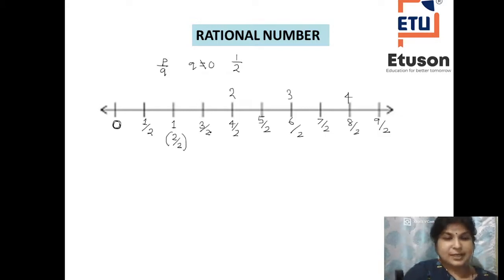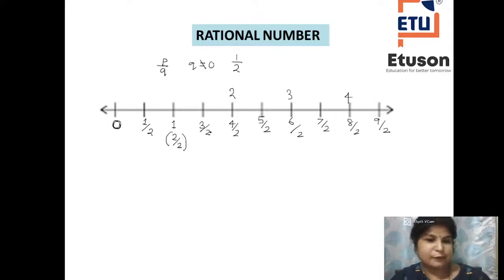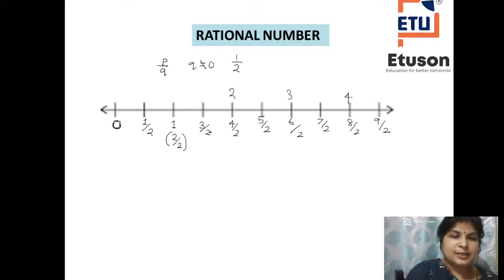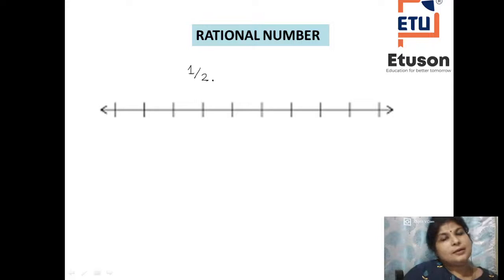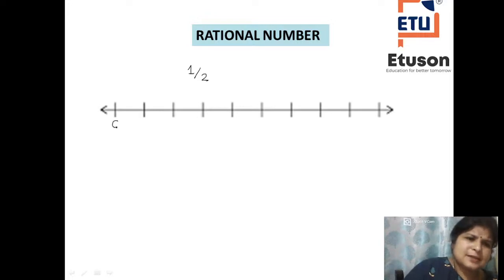I'm just erasing it so that I can use the same number line. Hope it is clear for you now. Now let us take another method. I will take the example of the same half only. You know that half is a positive rational number, there is no negative sign, so directly I will start with 0.